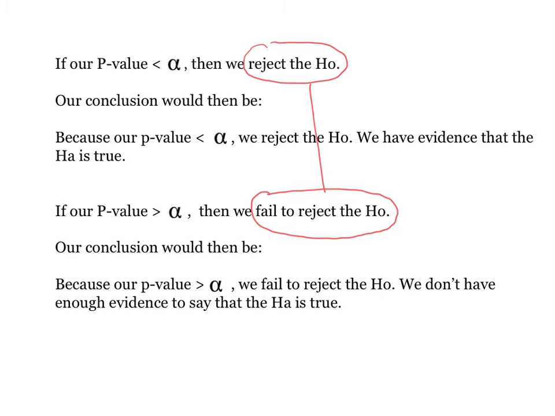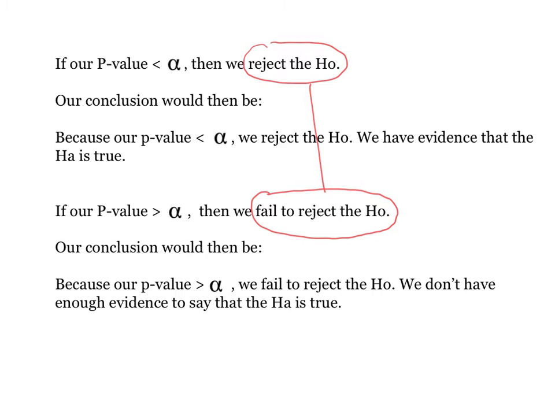Okay? And this is one of those situations where you have to memorize that wording. You're not allowed to whip out your thesaurus and find a different word for reject. Use this terminology, okay? Now, if we fail to reject the null, our conclusion is, because our p-value is greater than alpha, we fail to reject the null. We'd say we don't have enough evidence to say that the alternate is true.